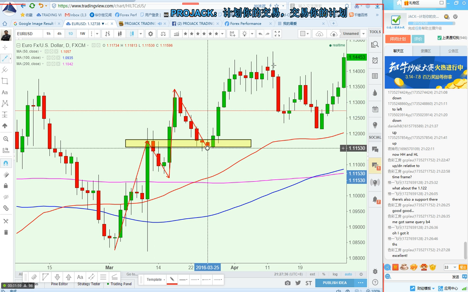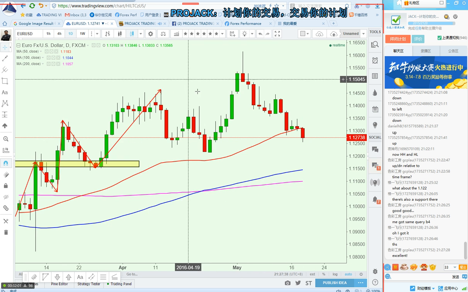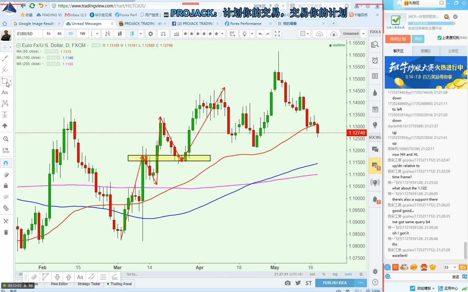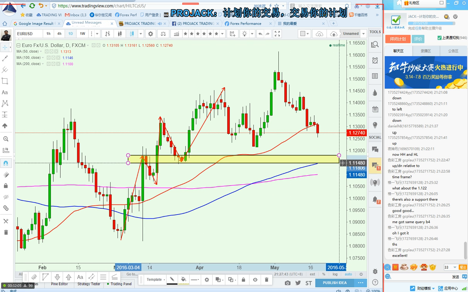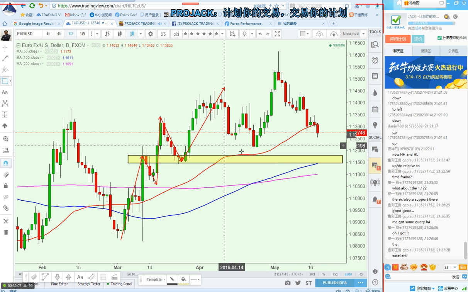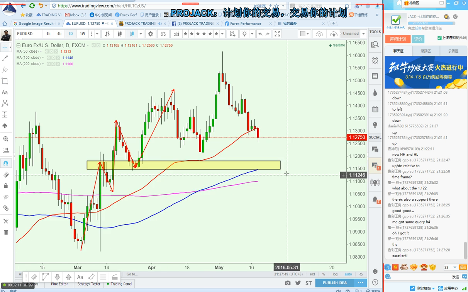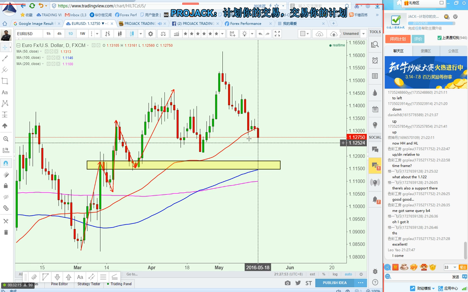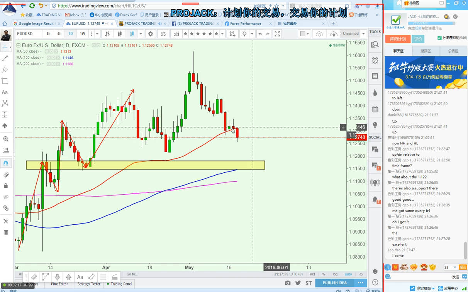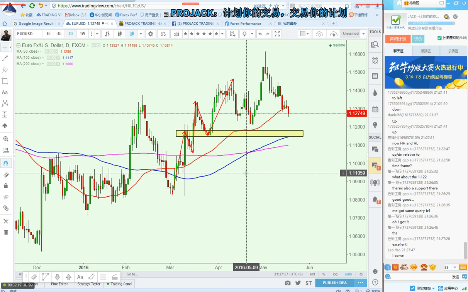And it makes another high. So I feel that this zone will be more important than this zone. And another thing, the 100-day MA is here. So don't long euro at this price. You want to buy high or you want to buy low, correct?